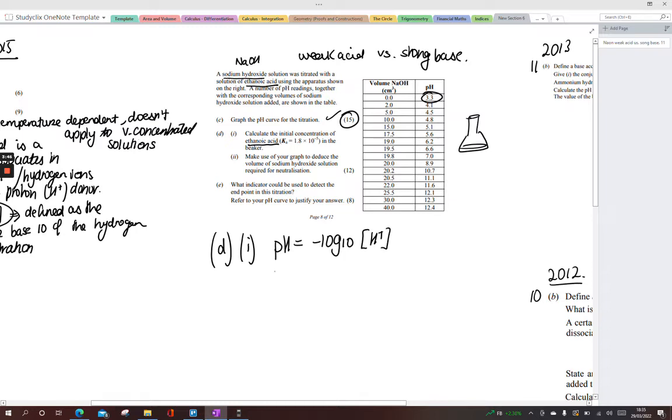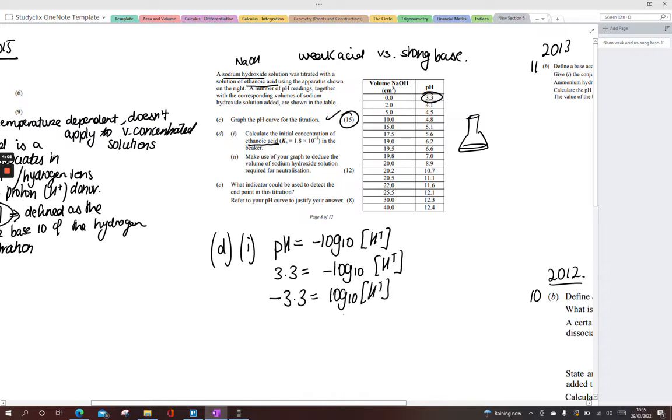Now I know my pH in this is 3.3. Minus log to the base 10 of H+, and we're trying to work out the H+ in moles per litre. Now you can use your anti-log, and in order to do that, just bring across that minus.